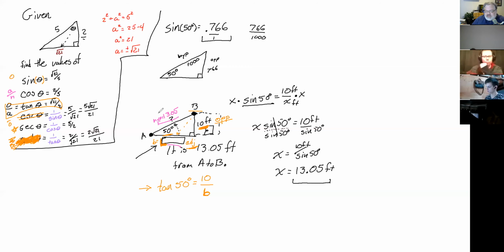But the reason that is not ideal is because this 13.05 is an approximation. It's a value that we came up with. Given the option, always try to use as much given data as possible, because it's not compounding our error.